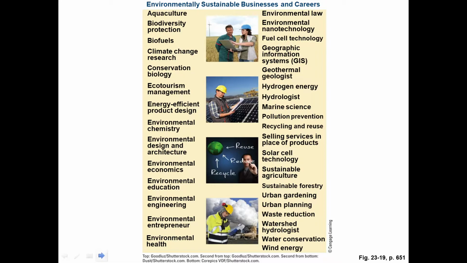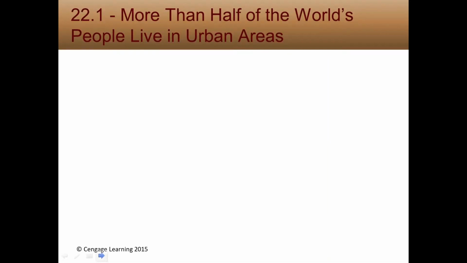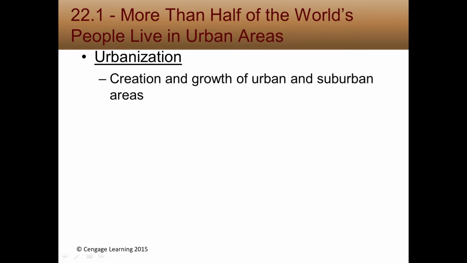All right. So now we kind of move on to urbanization. So we're on number 18. Okay, so if we're going to define urbanization, you're talking about the growth of both urban areas and suburban areas. So currently, 52% of the world's people live in urban areas. So we're talking about cities.